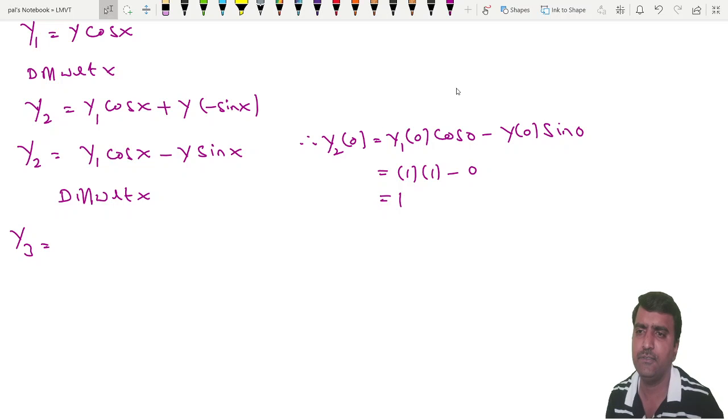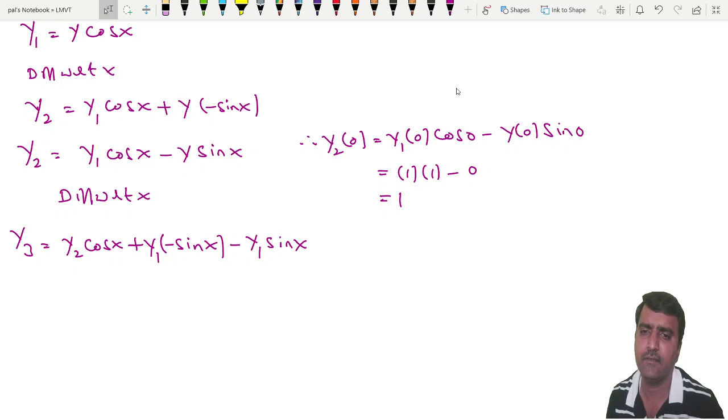y3 is equal to y1, differentiation of y1 is y2, cos x as it is, plus y1 into differentiation of cos x is minus sin x, minus differentiation of y is y1 into sin x, minus keep y as it is, differentiation of sin x is cos x.